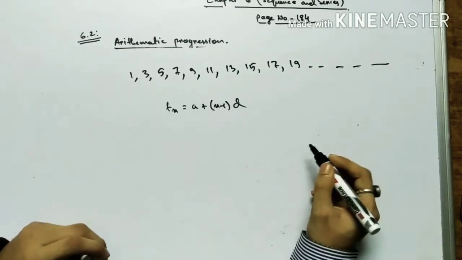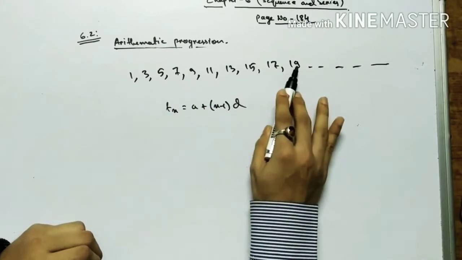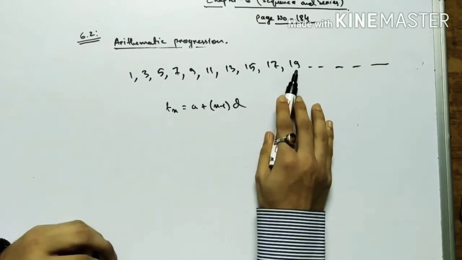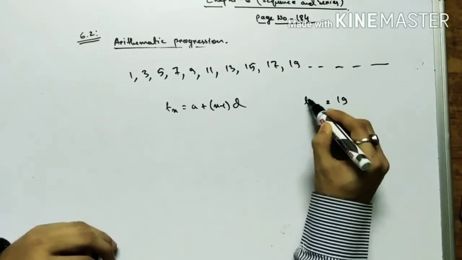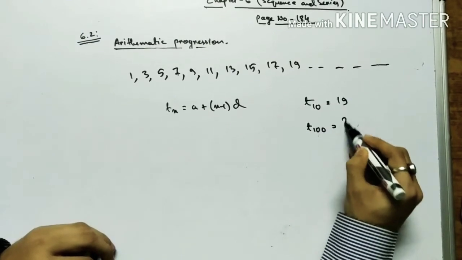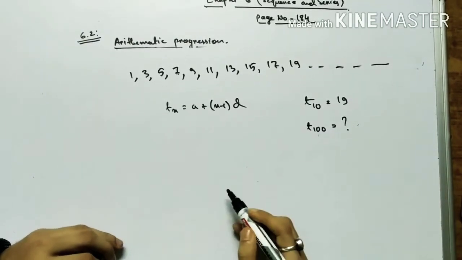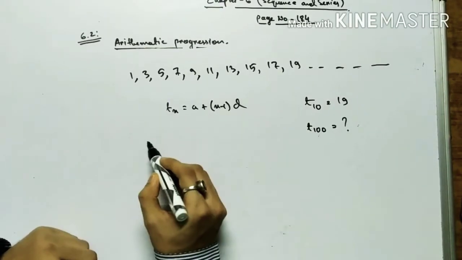In here, 1, 2, 3, 4, 5, 6, 7, 8, 9, 10, yes, the 10th term is 19. T10 is 19 there. I want to know what is T100, what will come in the 100th term? So to find out, I can use this formula.